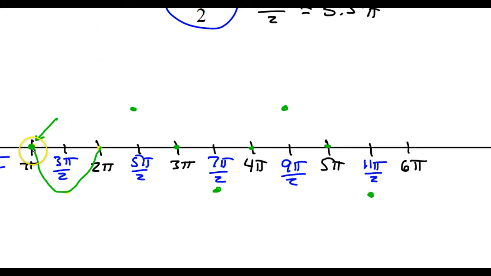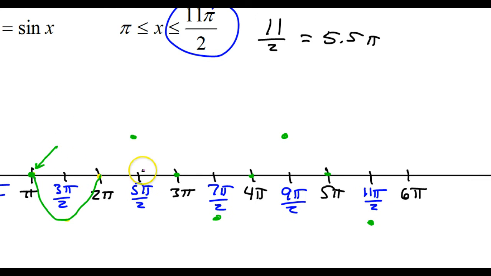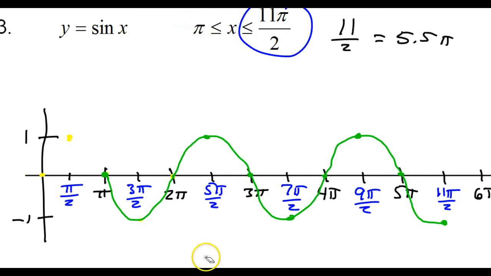So here I started at pi like I'm supposed to, and I'm ending at 11 pi over 2. Here I go, just drawing the rest of these curves. Okay, and there it is. We dominated it. I guess we don't need that yellow dot anymore.